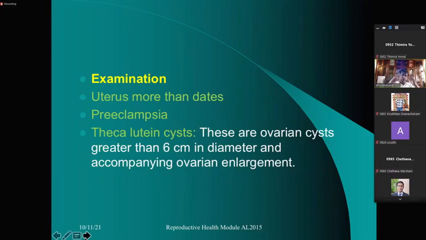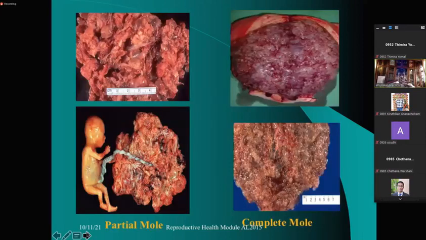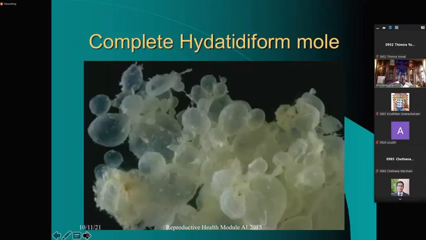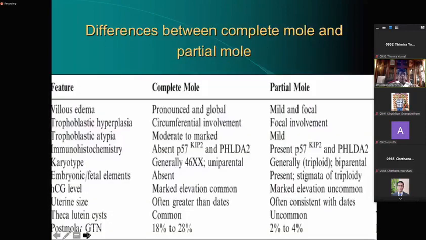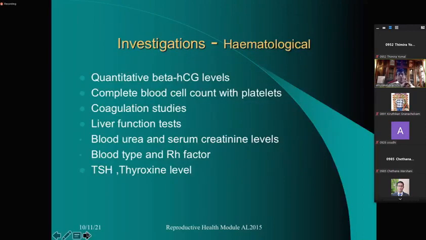But your confirmatory diagnosis obviously comes with investigations. The most important investigation you would perform, once you do a beta HCG or urine HCG, is a beta HCG level and an ultrasound scan.